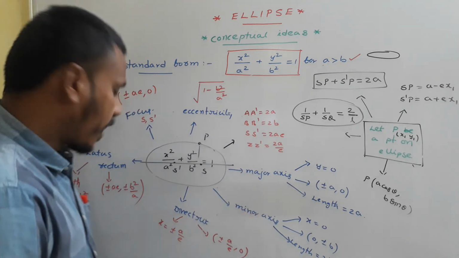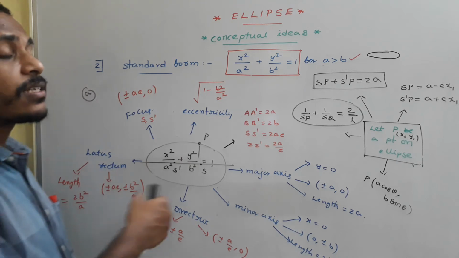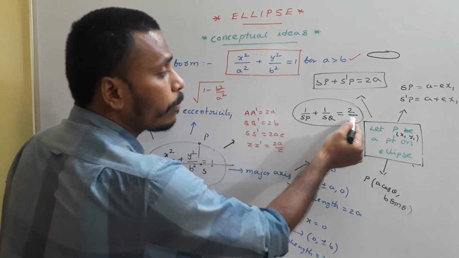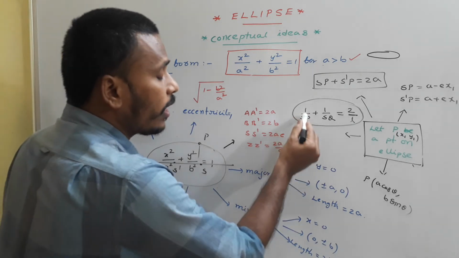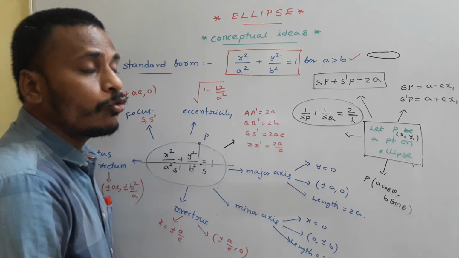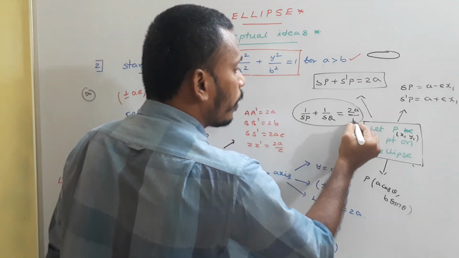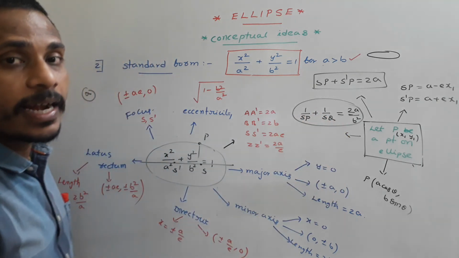The length of the semi-latus rectum. Already we have the length of the latus rectum as 2b square by a. Its half is b square by a. If you write b square by a here, it becomes 2a by b square. Always 1 by SP plus 1 by SQ value we write. If you calculate, you will get it as 2a by b square, or otherwise 2 by the length of the semi-latus rectum.